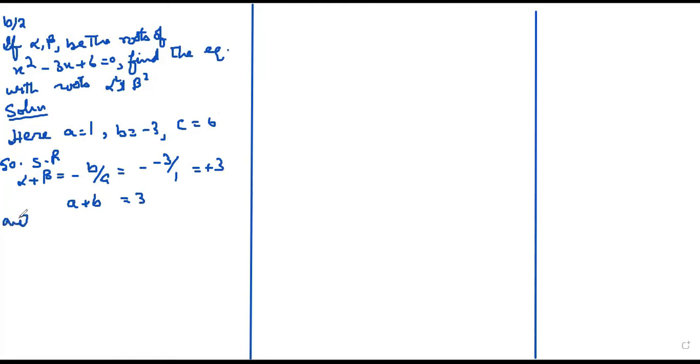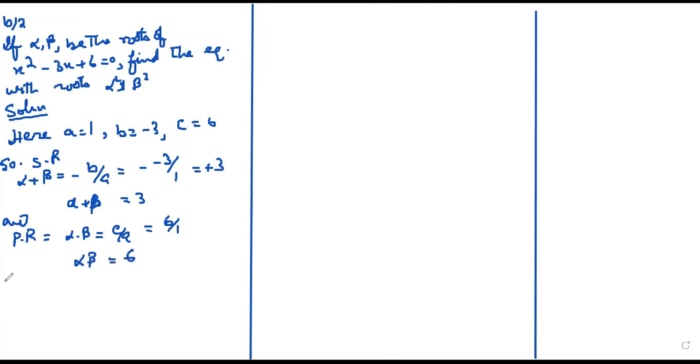And product of the roots for the given equation is alpha beta equals to c over a equals to 6 over 1. Alpha beta is equal to 6.